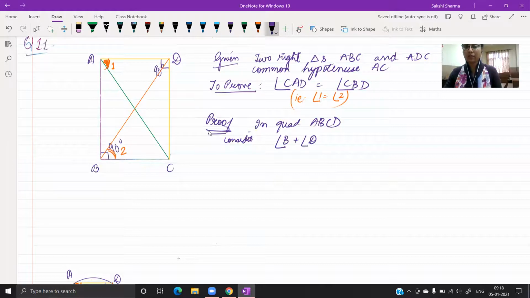We are considering the sum of the opposite angles. Angle B is 90 degrees. Angle D is 90 degrees. The sum comes out to be 180 degrees.